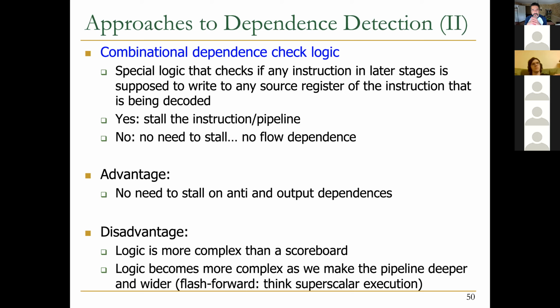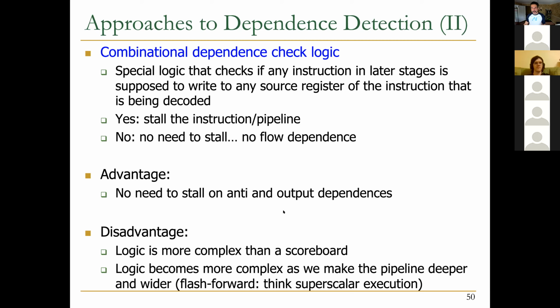But as you can see, this logic becomes more complex because we need to have more information, obviously, and this information is having and knowing the dependency not only within the stages of a pipeline, meaning different stages, like the current instruction, which is supposed to write to a register, is not written yet, but also through dependencies between instructions themselves.